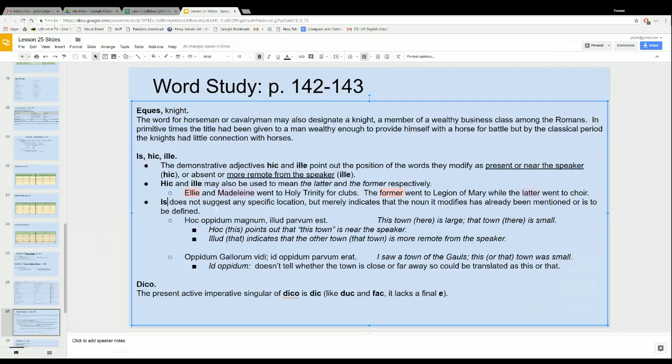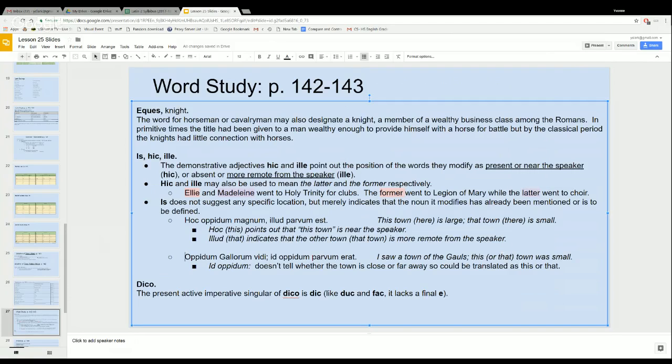We're going to explain what this is. All right, so here's an example. Hoc oppidum magnum est. This town here, okay, we already did that. Here we go, down here with id. Oppidum Gallorum vidi, id oppidum parvum erat. So I saw a town of Gauls.